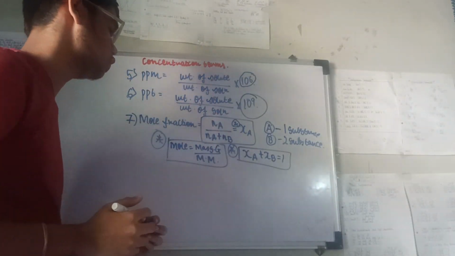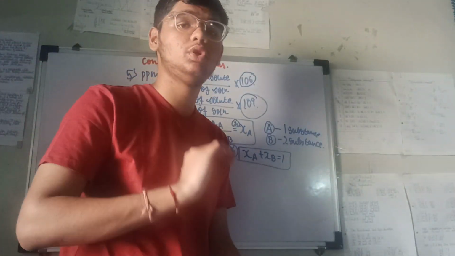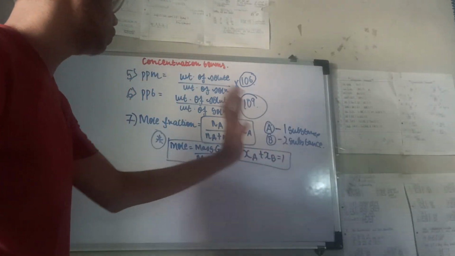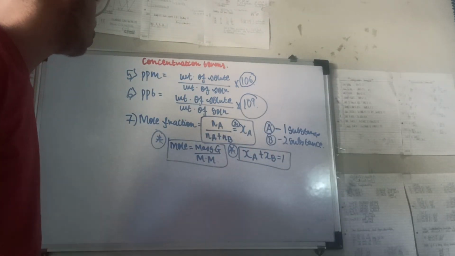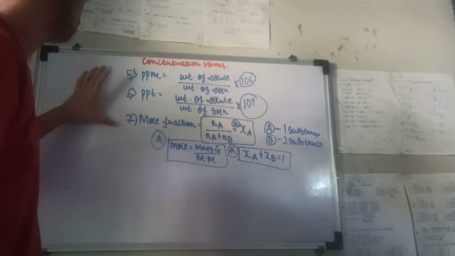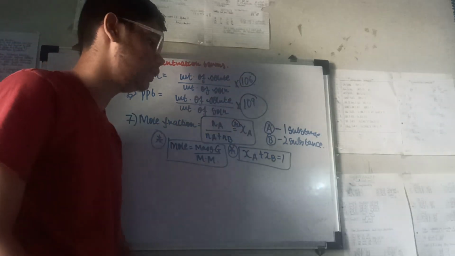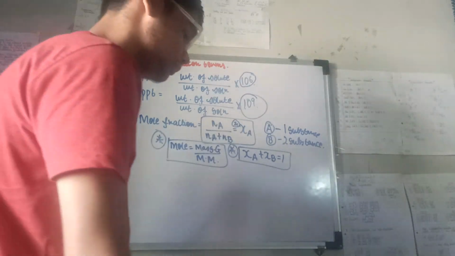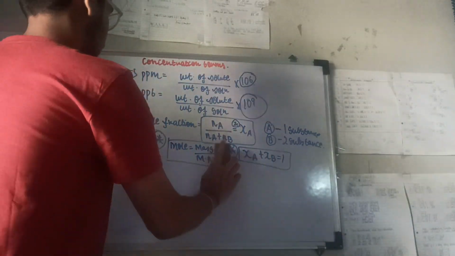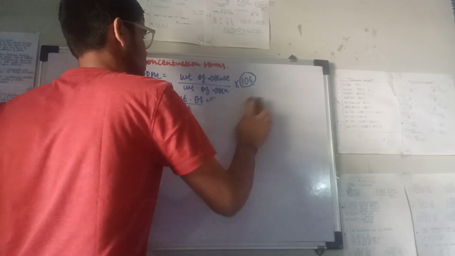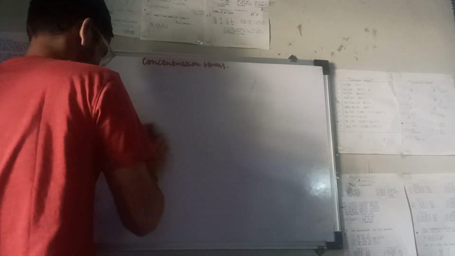That is, mole fraction of first plus mole fraction of second is equal to 1. This was mole fraction. So you can note down 5, 6, 7, and then we will move on to the 8th one.